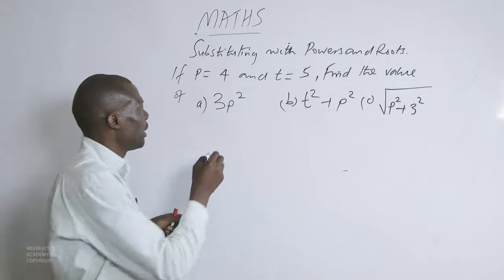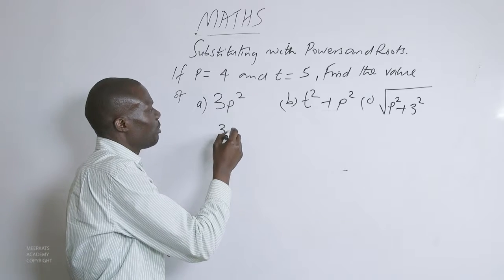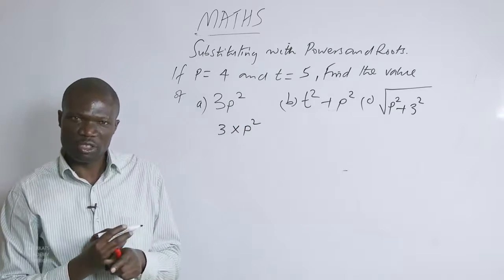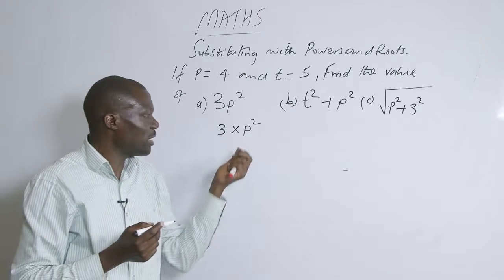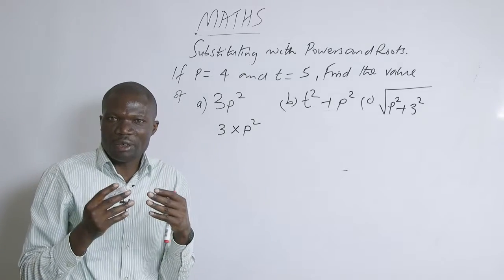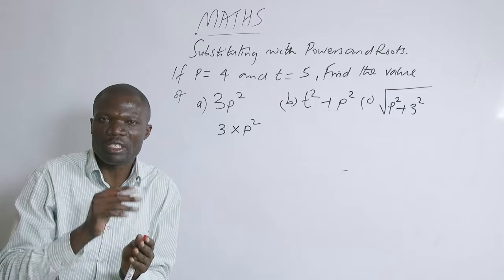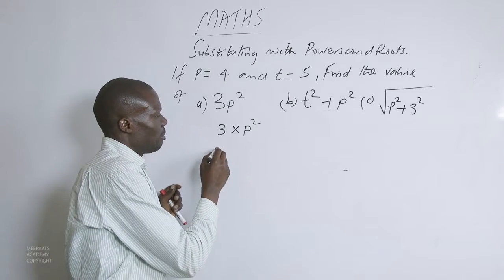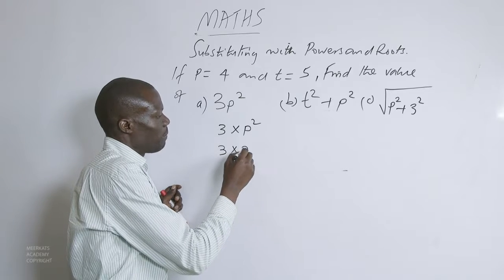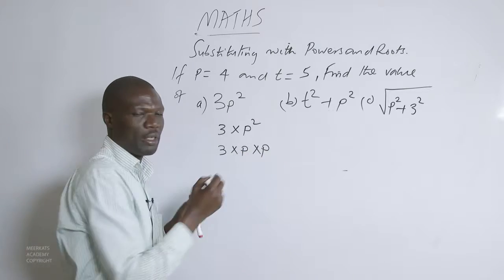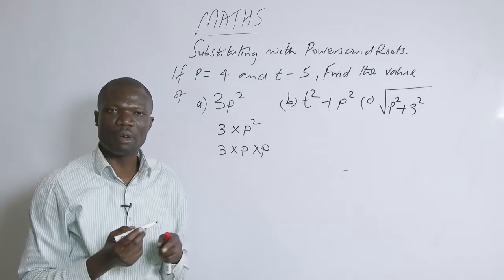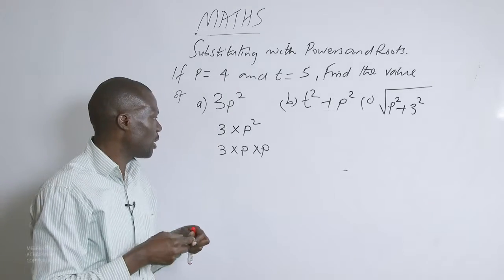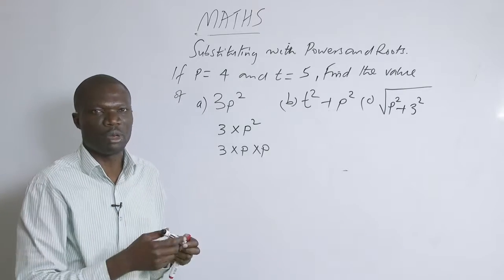As we saw earlier, this is the same as 3 multiplied by P squared. It's not the end. We move ahead. This is P squared. What does the rule say when a pronumeral is raised to the power of 2? So we rewrite this as 3 multiplied by P multiplied by P. Now we no longer have the powers, but we can just multiply.